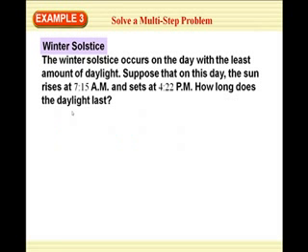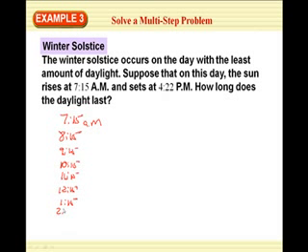Now, I don't know, it's probably got some fancy way to do this. But I just start counting off. 7:15 a.m. I go, okay, 8:15, 9:15, 10:15, 11:15, 12:15, 1:15, 2:15, 3:15, 4:15.